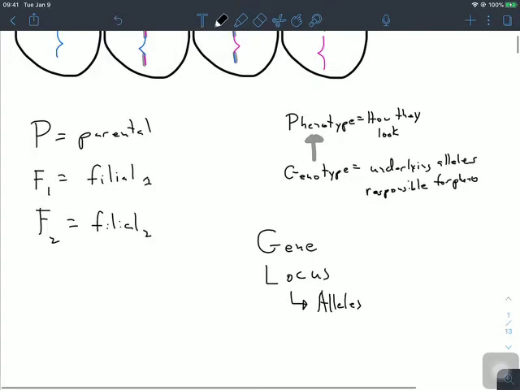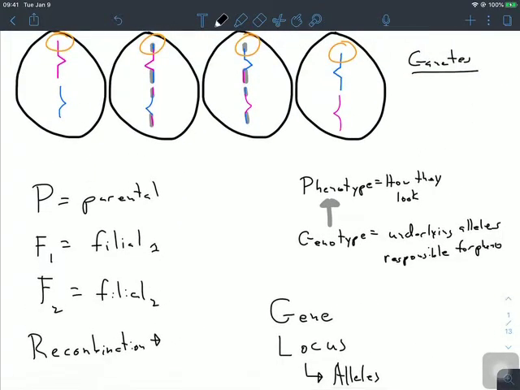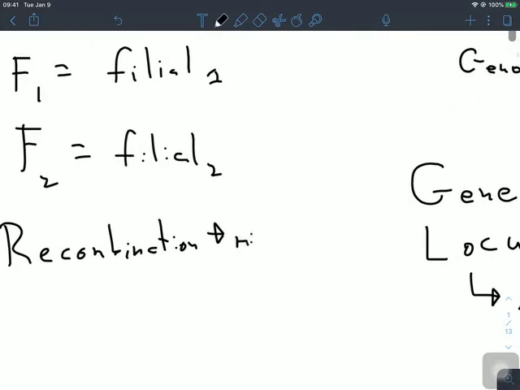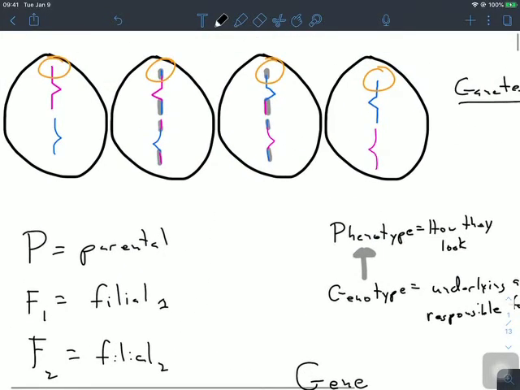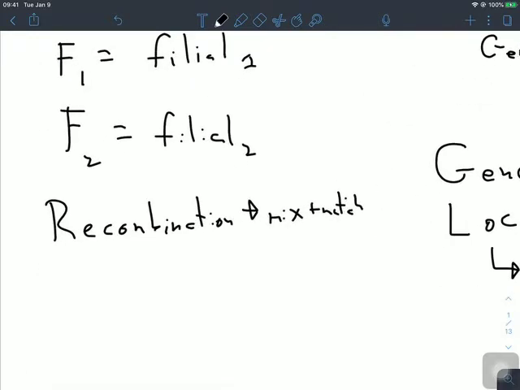So, reviewing those terms here, we know that recombination means that in some way we're able to mix and match the different allelic combinations. So this allows you to mix and match alleles that are found on the same chromosome. We also know that alleles on different chromosomes will be completely separate from one another, thanks to the law of independent assortment.